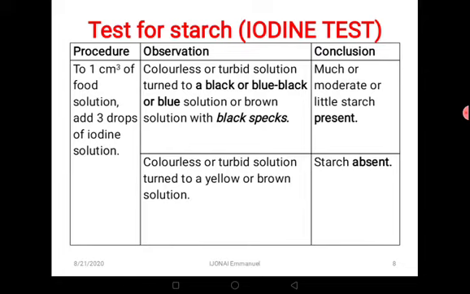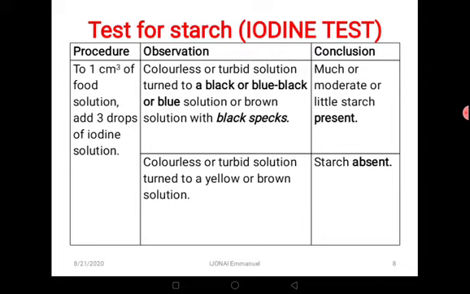The observation would be, in case the starch is present, a colorless or turbid solution turns to black, or blue-black, or blue solution, or brown solution with black specks. Remember, only one of those observations can be realized. So you write only one that you have seen, and only one observation of the original solution can be seen, either colorless or turbid or milky.